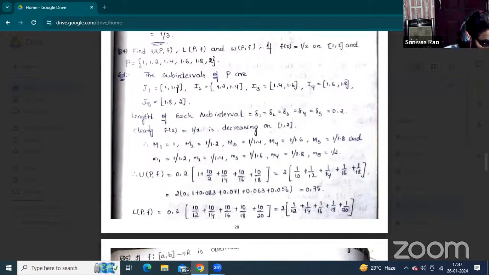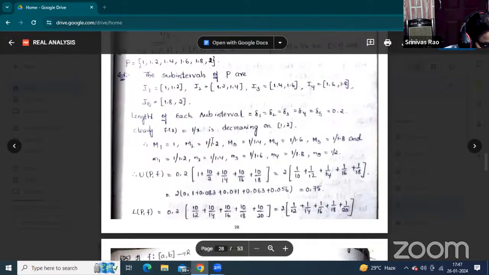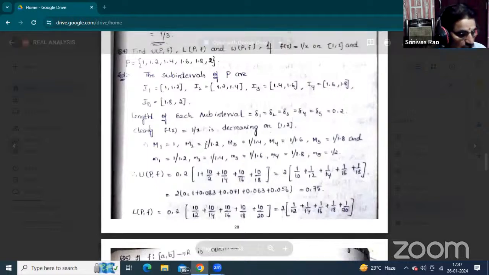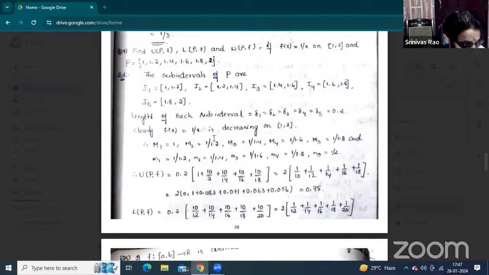In the reciprocal function, substituting those values, all the lower values give the supremum values and the upper values give the infimum values.